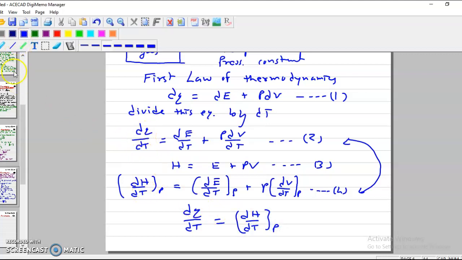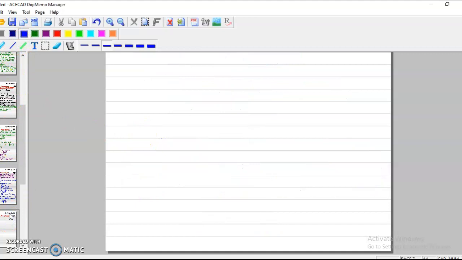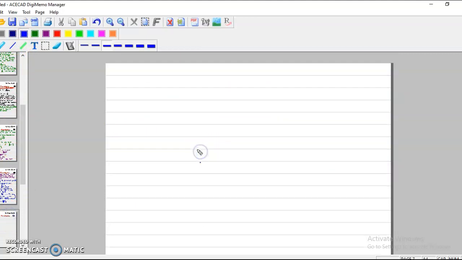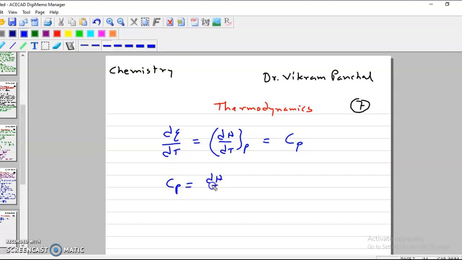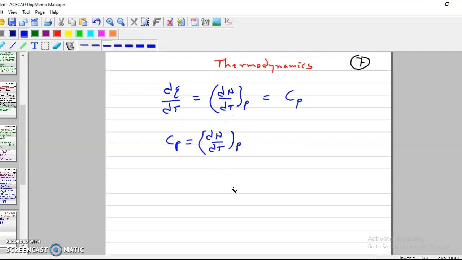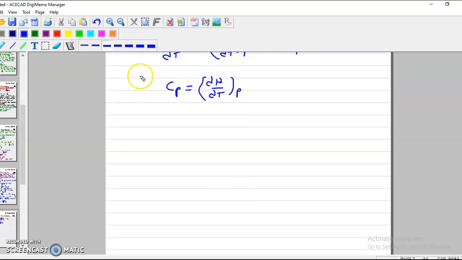Okay, and therefore we write dq upon dT is equal to dH upon dT, and dq upon dT is also C, but at constant pressure, so we write P also. So we write Cp is equal to dH upon dT at constant pressure. Okay, so this is the formula for Cp.